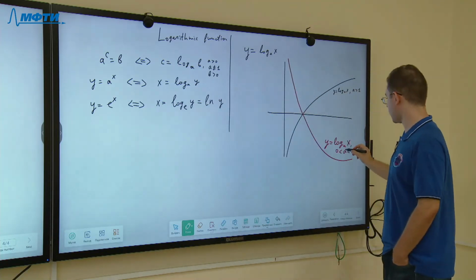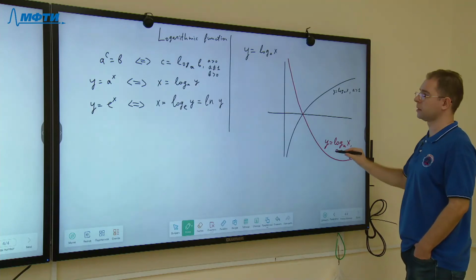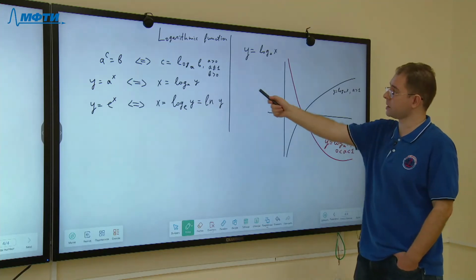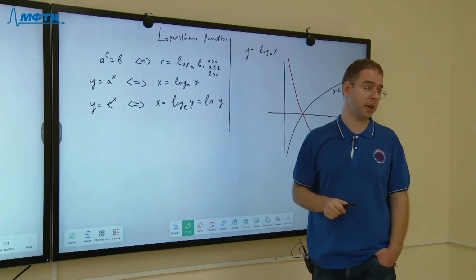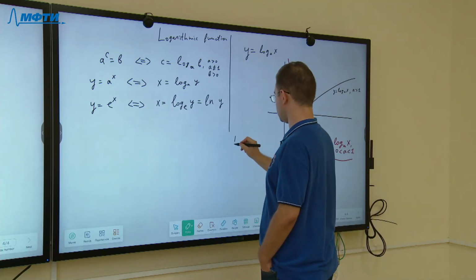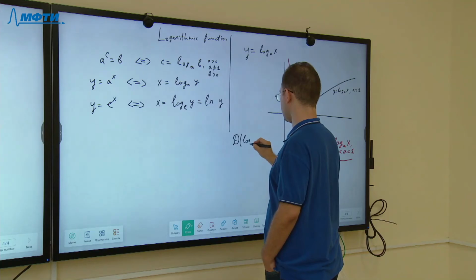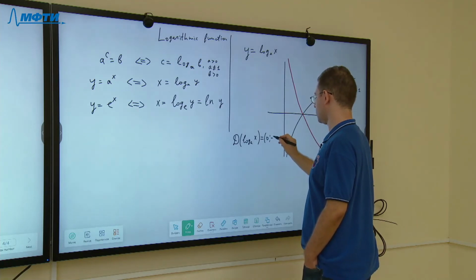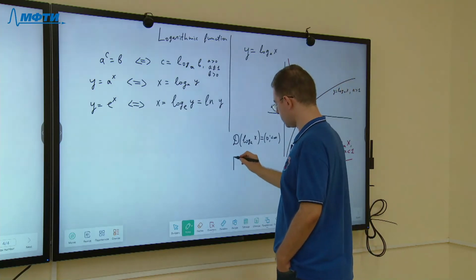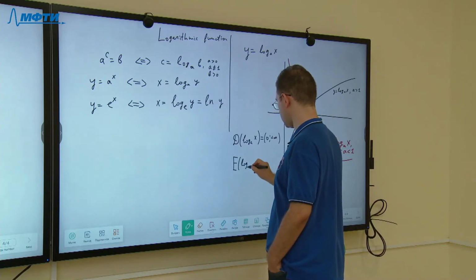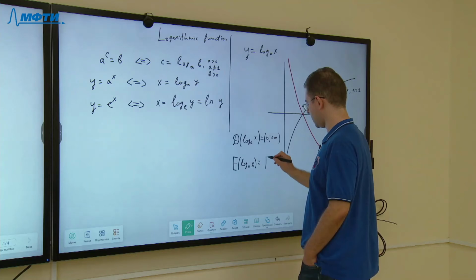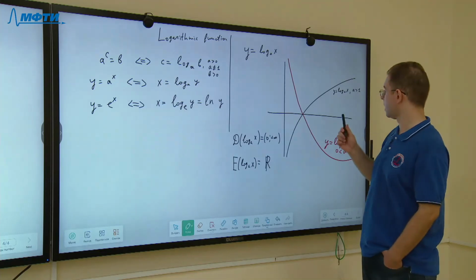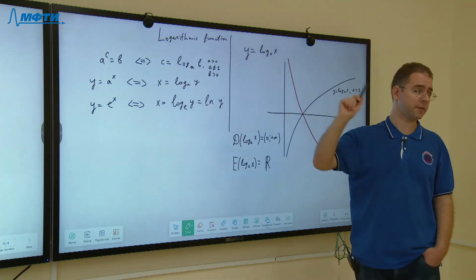That's why I have those two cases, from 0 to 1 and greater than 1. And since b is a positive number, the domain of the logarithm is from 0 to plus infinity, and the codomain is just R. This is something we could have expected, because this function is just the inverse function of that function.